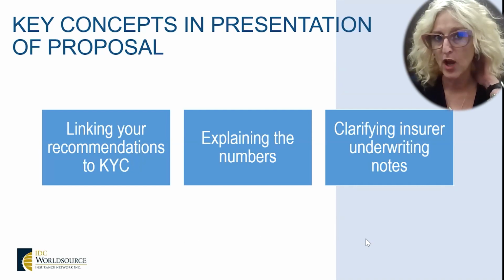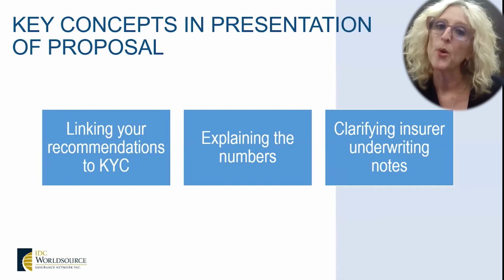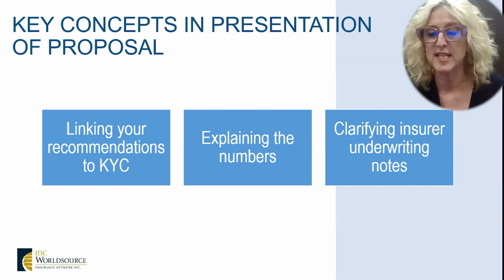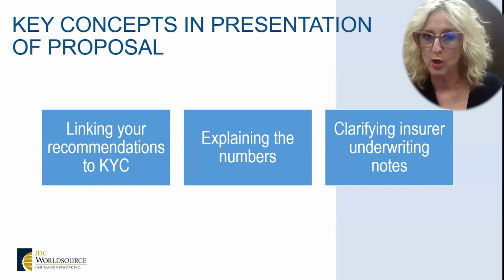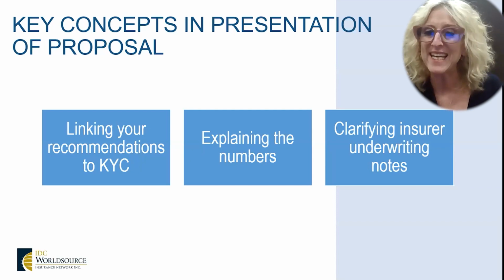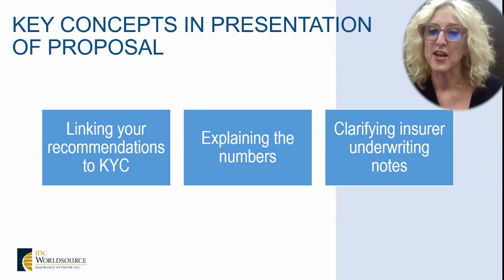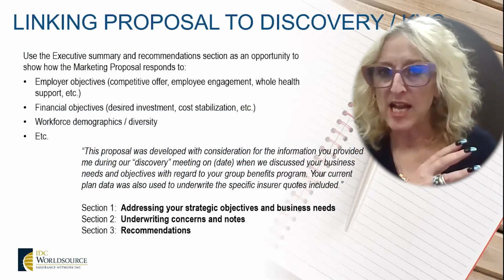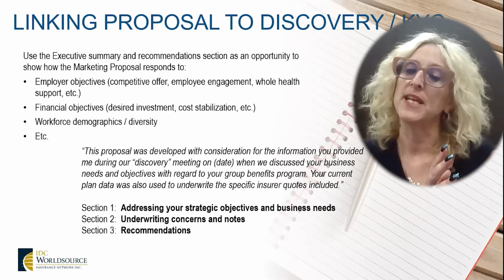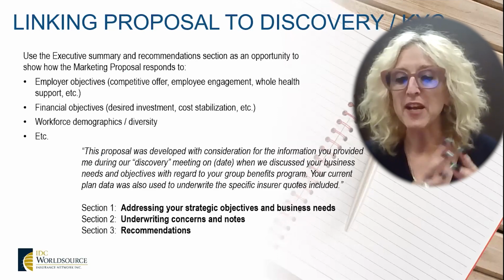So we're going to go through this. We're not going to go line by line, but we're going to show you what one of our marketing presentations looks like, so that you know where to look when you're doing business with us for certain key elements and key factors that are going to help your client. We tend to put in a marketing or an executive summary at the beginning of the presentation.